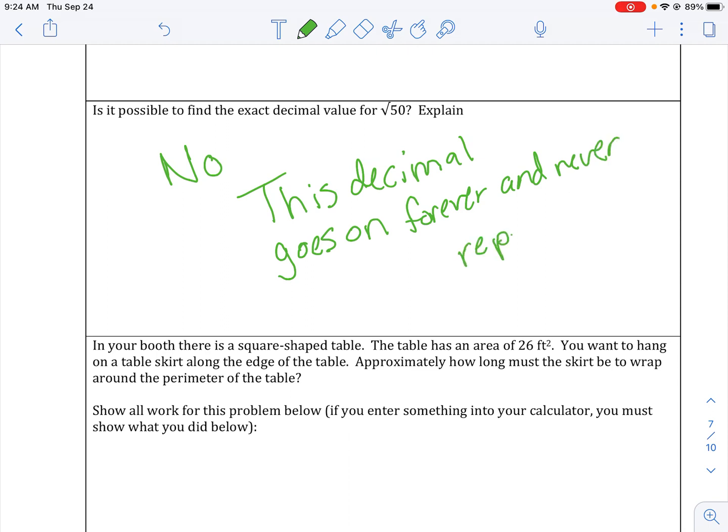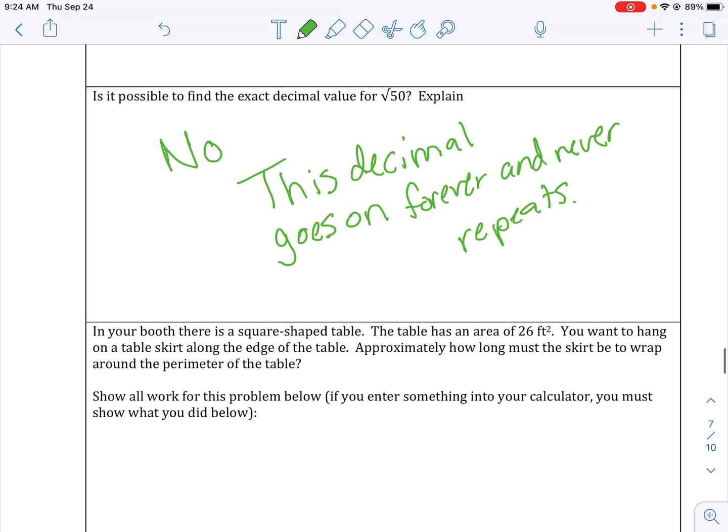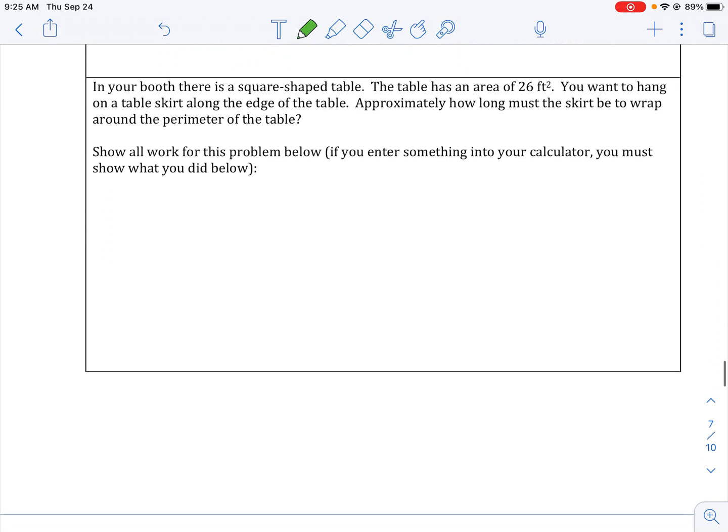So it does not stop and it never repeats. Therefore, it is an irrational number. We've learned that already. Because the number just keeps going and never repeats, we cannot ever get an exact decimal value for the square root of 50.